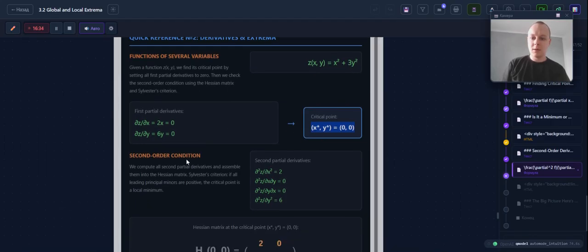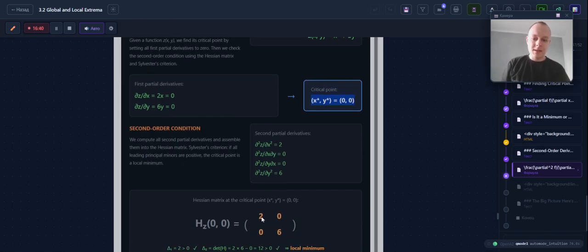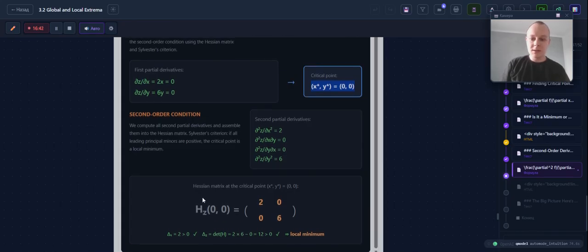So we apply the second order condition, compute all second partial derivatives, and assemble them into, basically, some advanced fancy mathematical stuff is happening here. From 2x and 6y, we found these two, and we see how strongly concave up our function is.